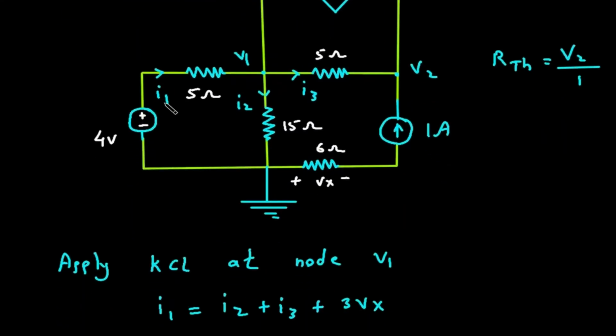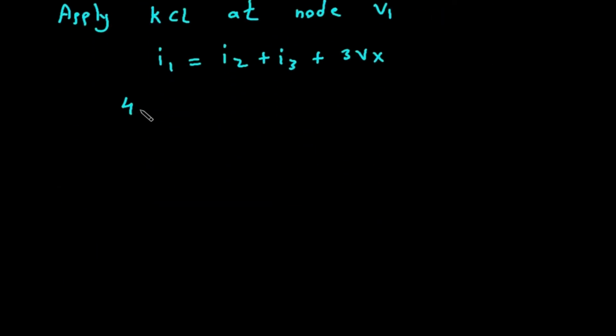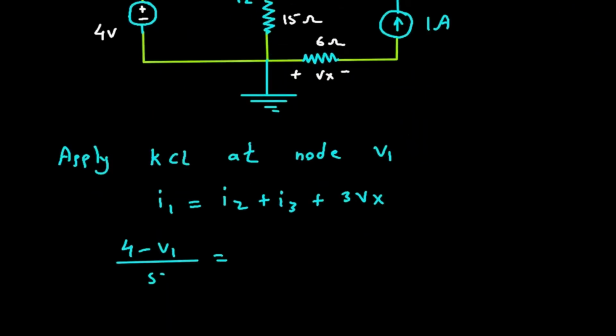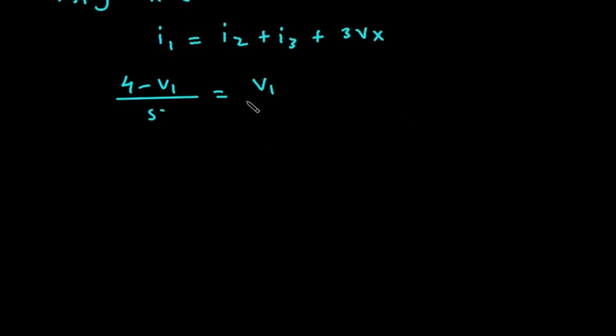Now I1 is equal to 4 minus V1 by 5. 4 minus V1 by 5 is equal to I2. I2 is V1 minus 0 by 15 plus I3.